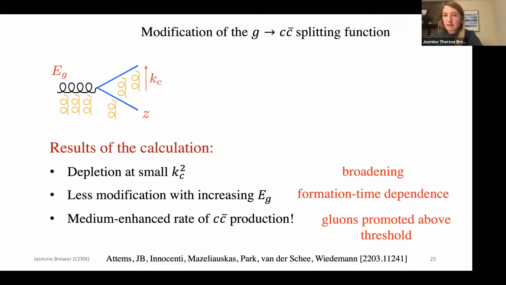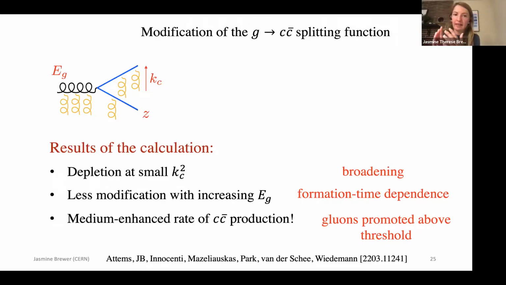Sorry, just to check I understand. When you say depletion, you mean that the medium is causing these things to split apart. It's not that there's a lower probability they start at smaller angles. Is it that as they evolve, they get kicks from the medium that cause them to split? Yeah, exactly.